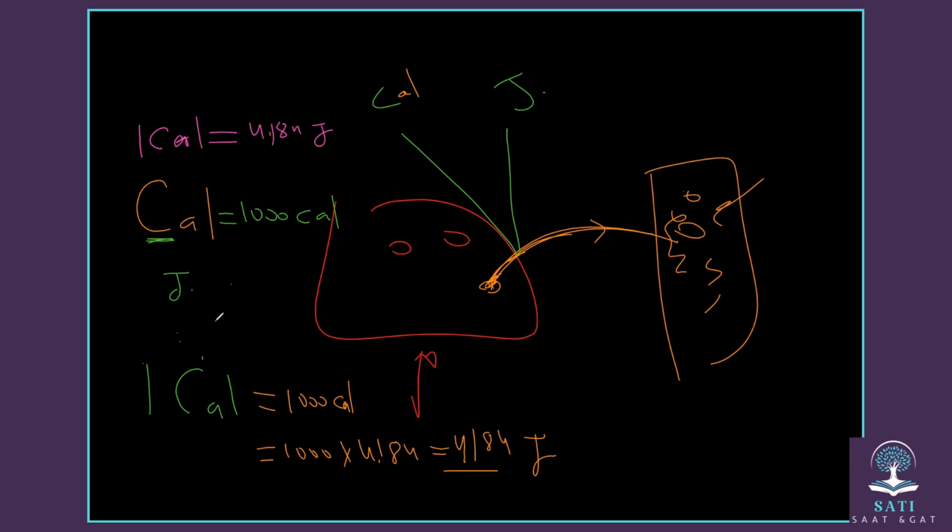And in general, the device that we use to understand how many calories are there in an object or in a molecule is called a calorimeter. And it tells us, for example, how many calories are in a piece of chocolate or in a part of a chicken or meat or whatever.